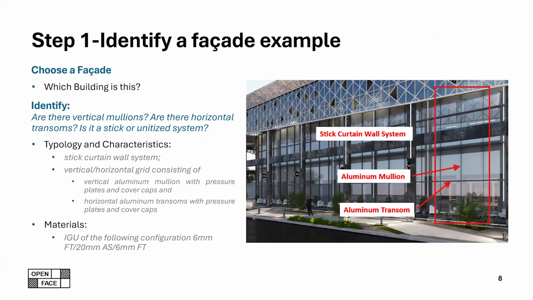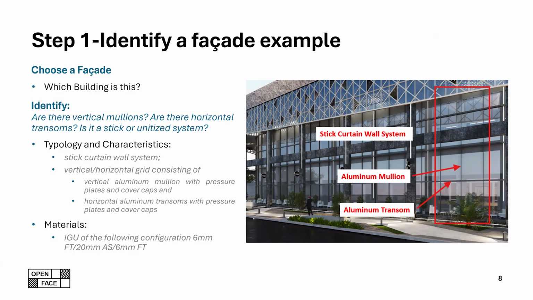Here, in step one, basically what you have to do is to pick a facade and then identify the important elements to later identify the load path. So in this example, your peer identified clearly a facade.